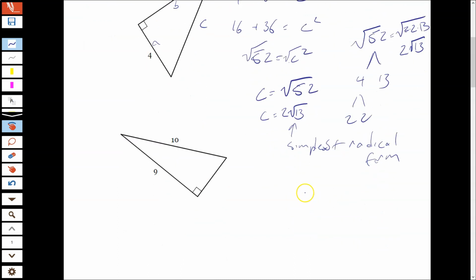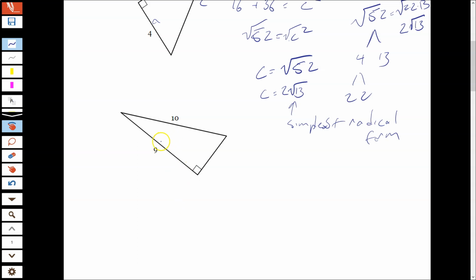Okay, we'll do one more example. Here, we have 9 and 10, and I'm going to label. Notice this time, 10 is my longest side. And the longest side is always opposite the right angle, by the way. So 10 is my C. We can call 9 A or B. It doesn't really matter at that point. Okay. So I'm going to say 9 squared plus B squared equals 10 squared.